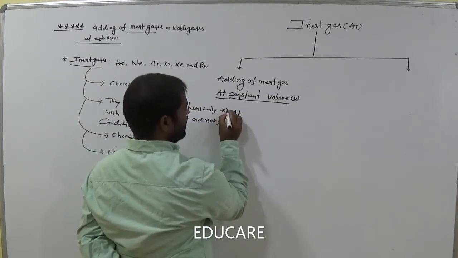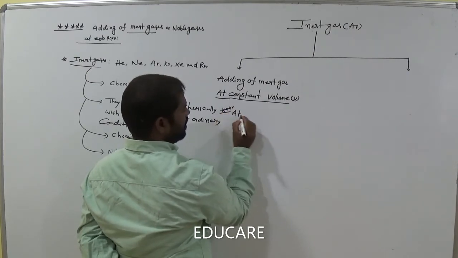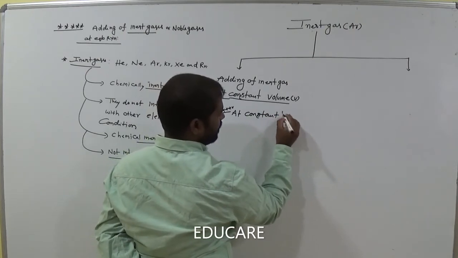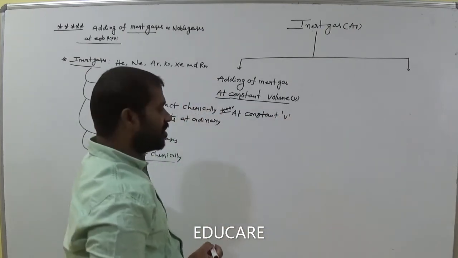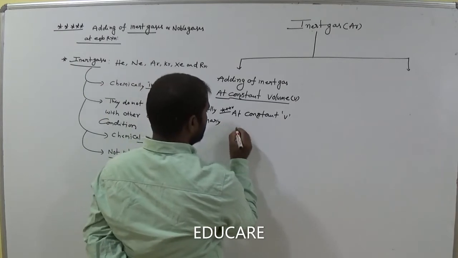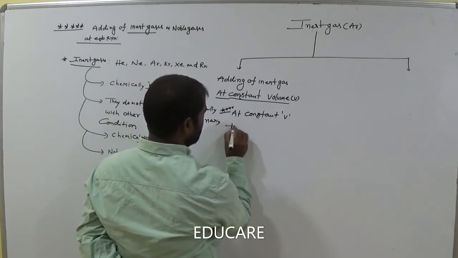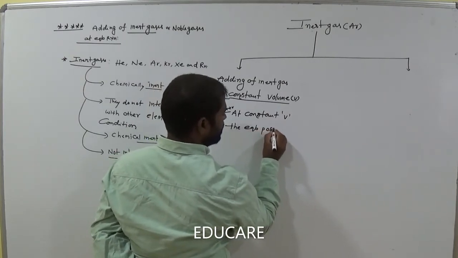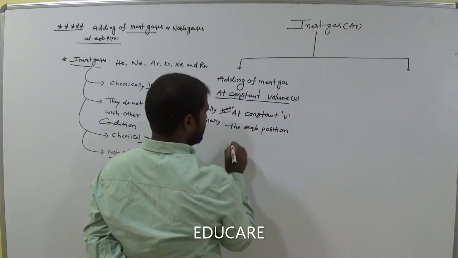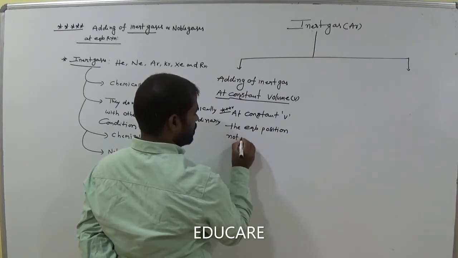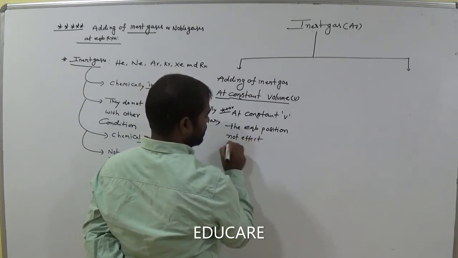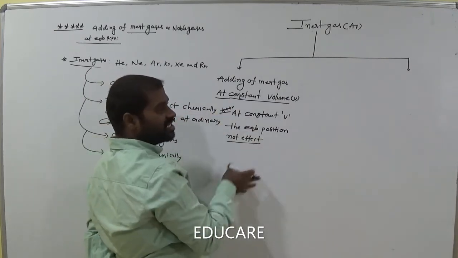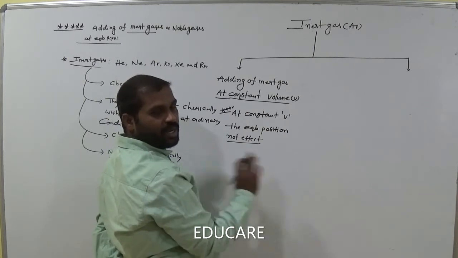Note this point, very very important. At constant volume, the equilibrium position is not affected. By adding inert gases to the chemical equilibrium reaction, there is no effect.